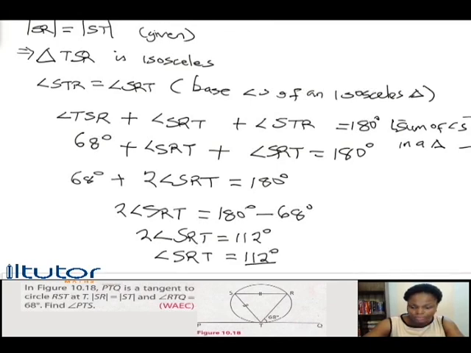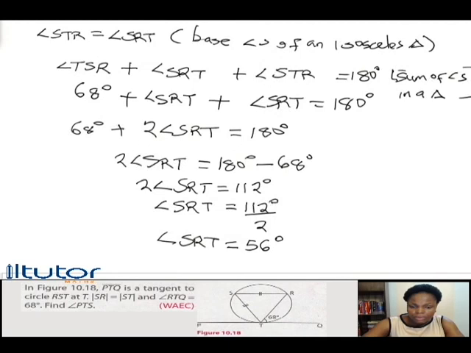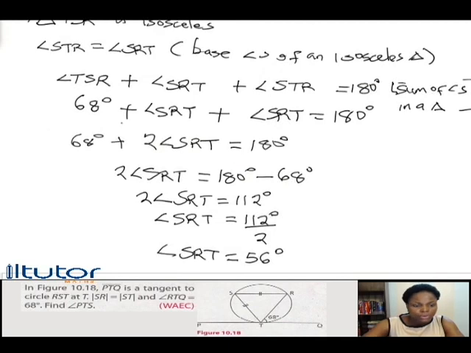So that our angle SRT is equal to 112 degrees divided by 2. So we have that angle SRT is equal to 56 degrees. Here we have that STR is equal to SRT, and SRT is 56 degrees.